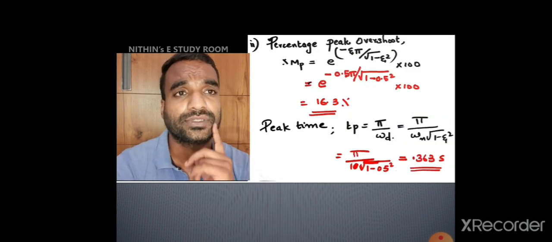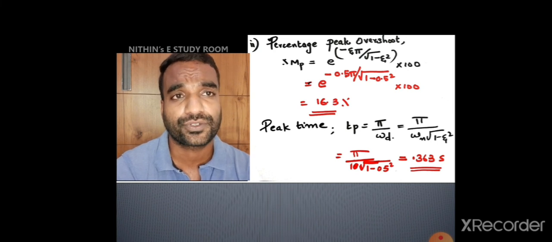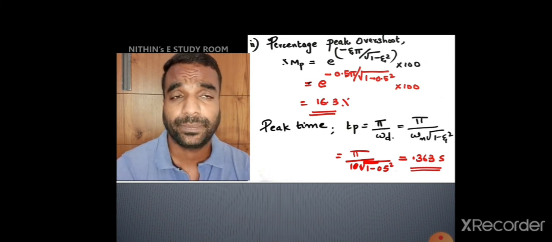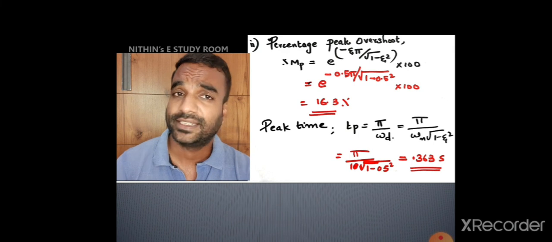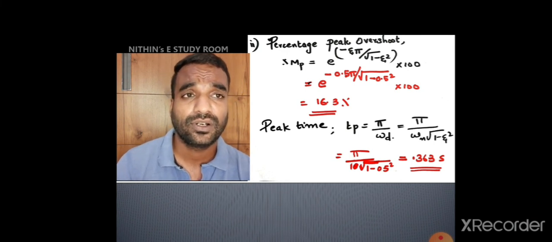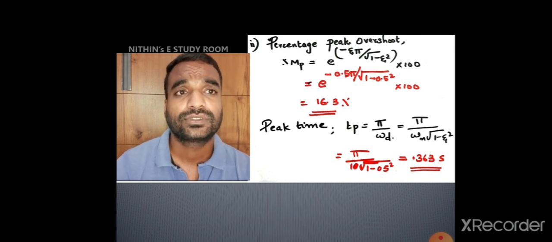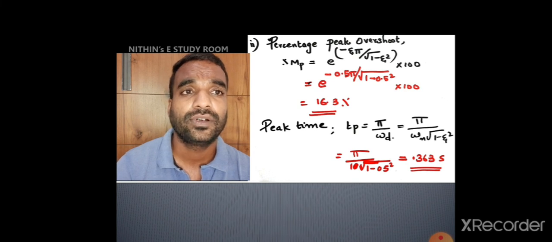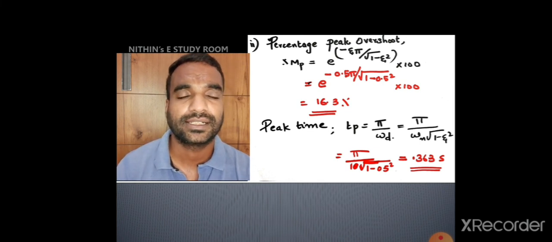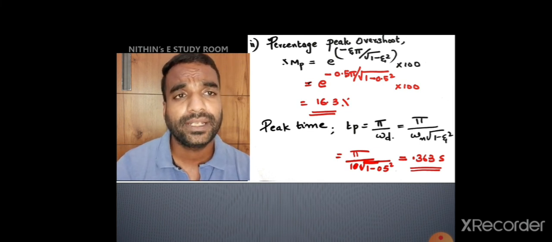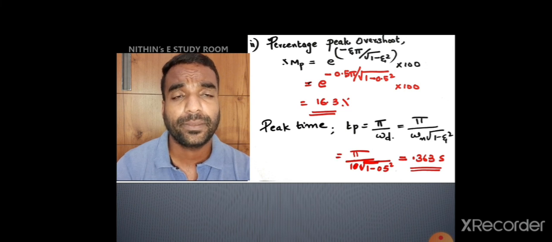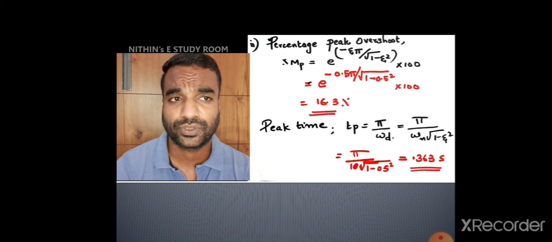Now the second question, find the percentage peak overshoot. Equation is percentage Mp is equal to e raised to minus eta pi by root 1 minus eta square into 100. Substitute the eta value 0.5 in that equation, you will get 16.3 percentage. And for peak time, Tp is equal to pi by omega d, or pi by omega n root 1 minus eta square.